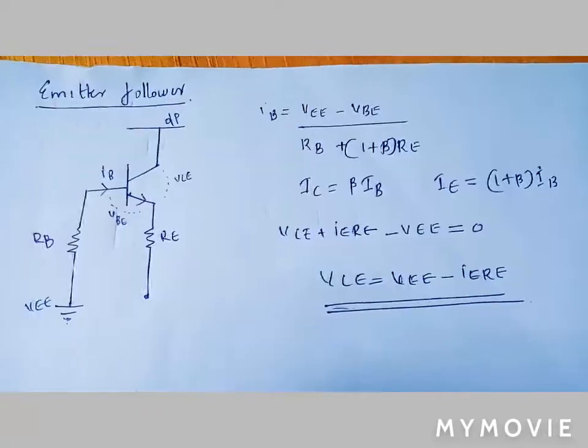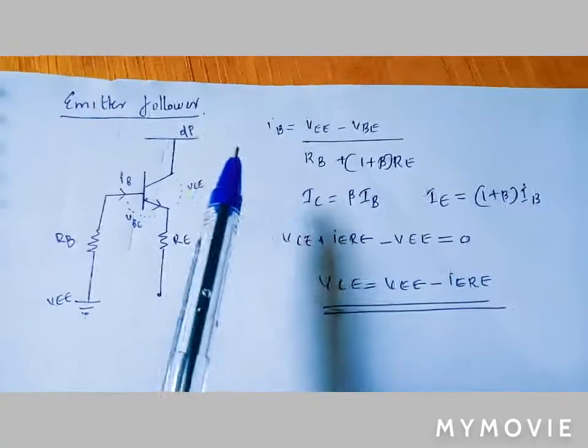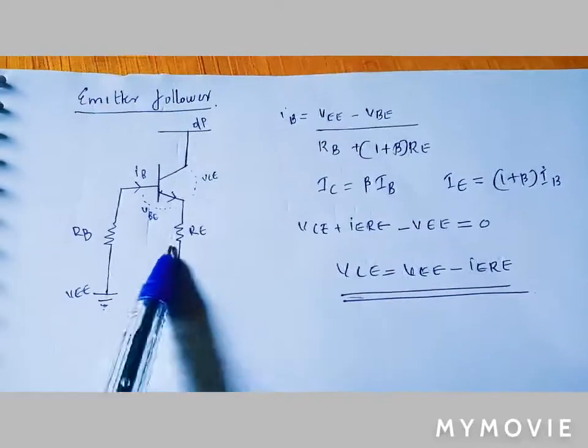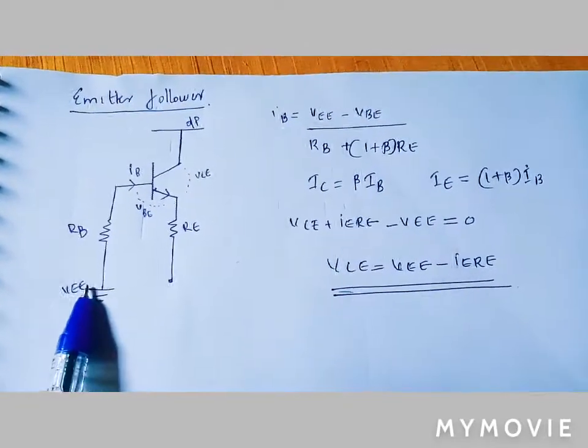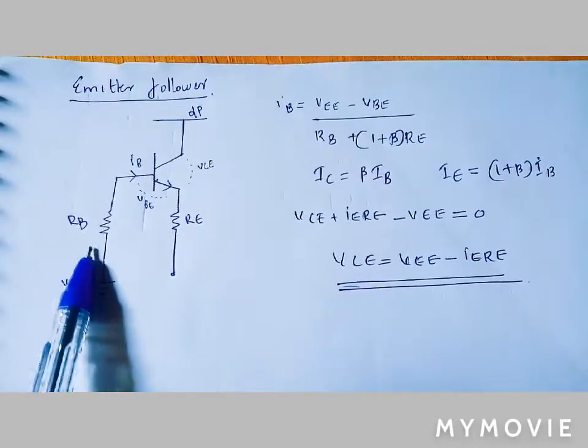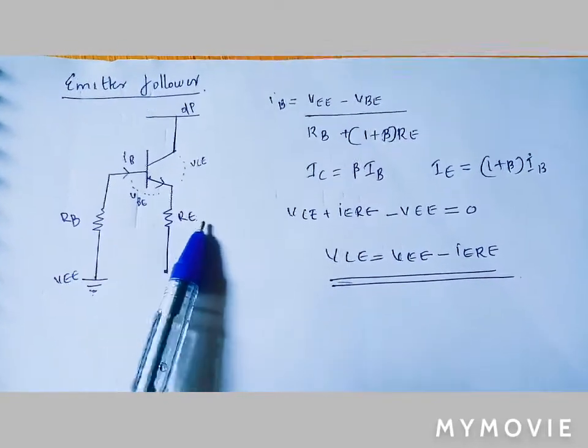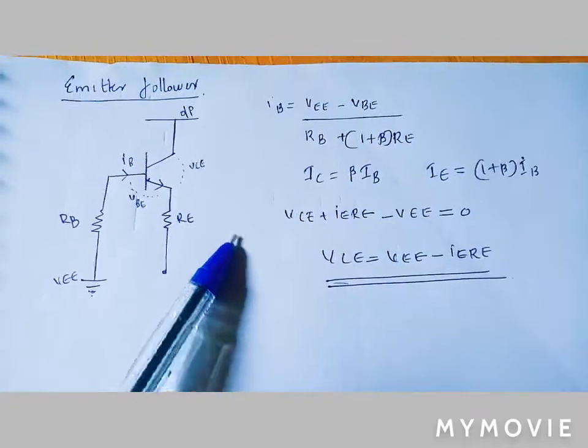Next is the emitter follower method. This is the type in which there is a potential VEE, RB as the base resistance, and RE as the emitter resistance.